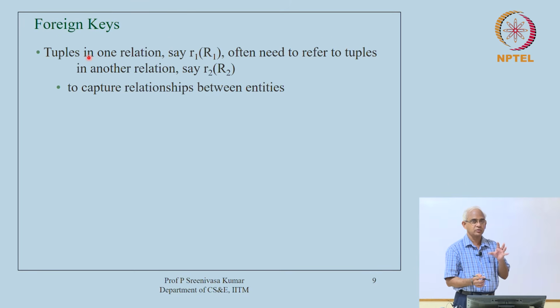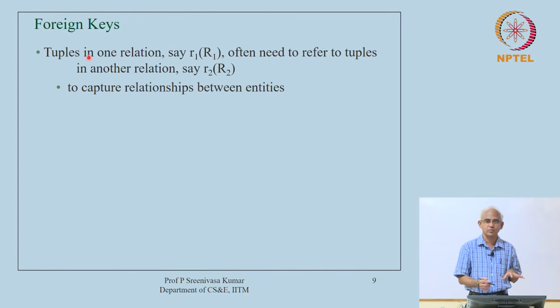But now those relationships also have to be captured as relations in the relational model. We will later see exactly how that mapping will come out, but in general you can understand that tuples in one relation may have to refer to tuples in another relation.